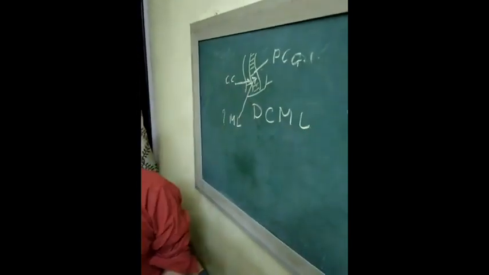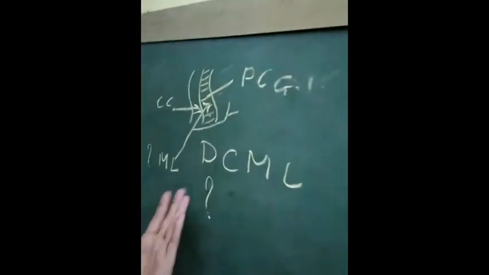Just remember these words: spinal cord, medulla, thalamus, internal capsule, and finally post central gyrus. Now which column of spinal cord? Yes, that you have to read. But minimum, what is minimum? Spinal cord.